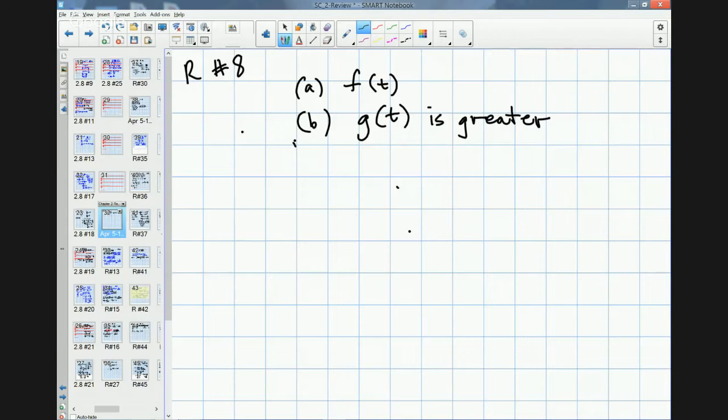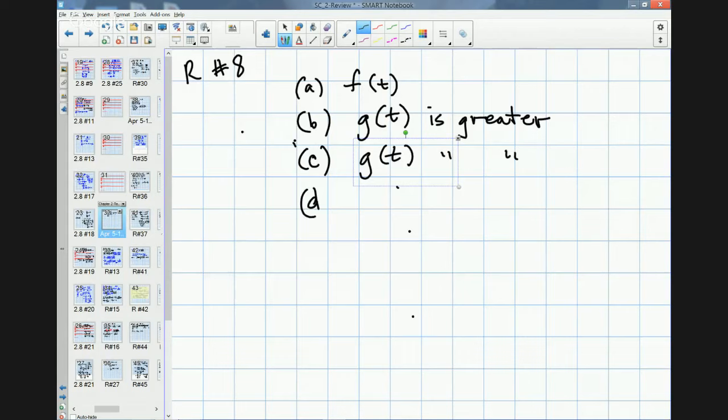And the rest of it's eyeballing, pretty much. Part C, what can you conclude about the rates at T3? Well, the black slope is definitely larger at T3, correct? So g of t, again, is greater.